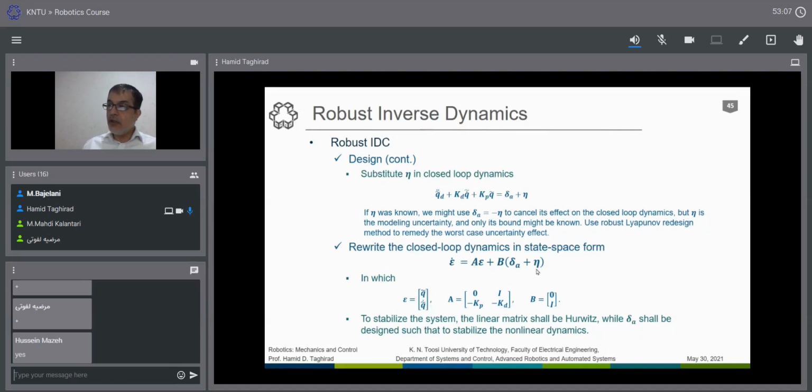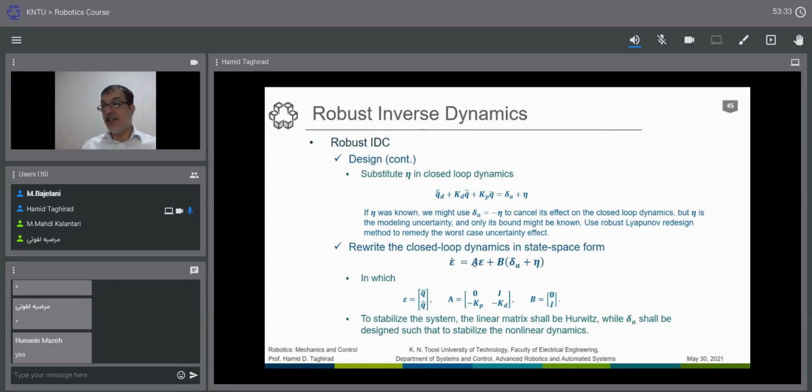So you can write an equation like that. It is very similar to a linear equation, but it is not linear. Epsilon dot is equal to A epsilon, we consider that as epsilon, the error in a vector form and in a state space form, plus B, if this was a U, a simple U, it was a linear form.